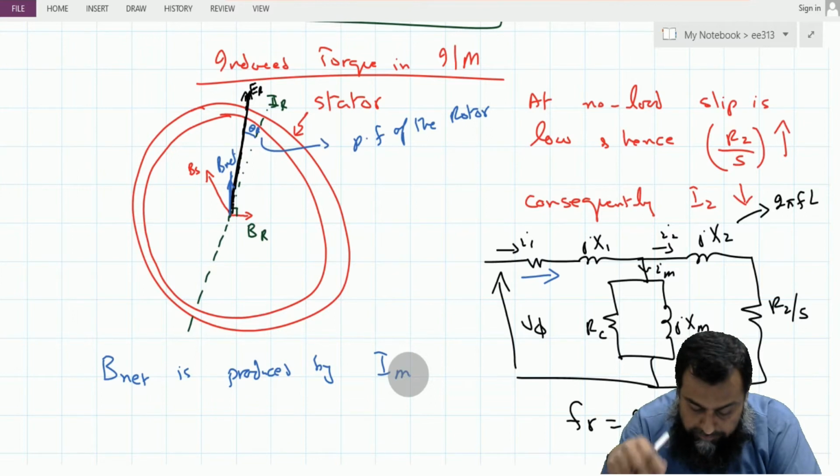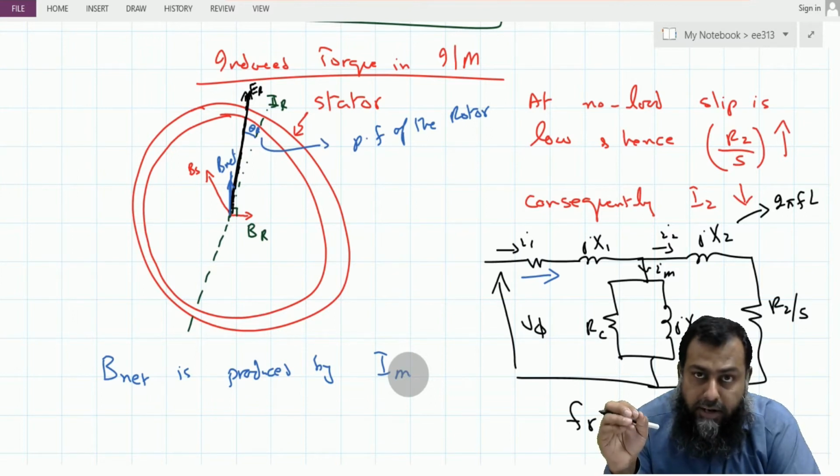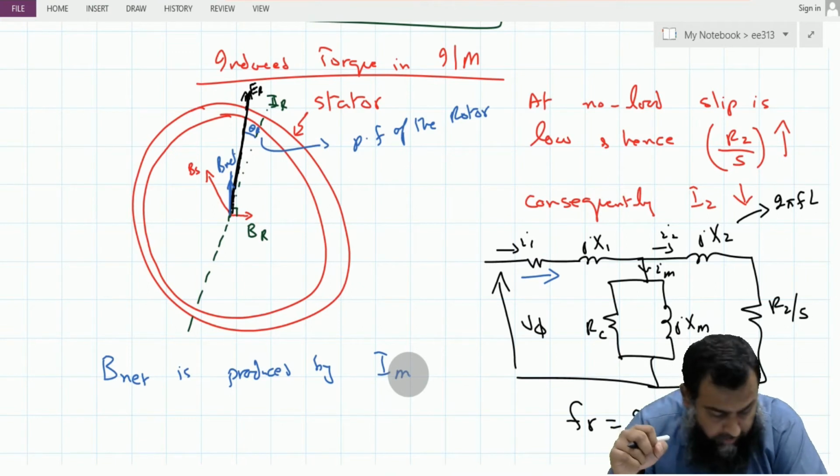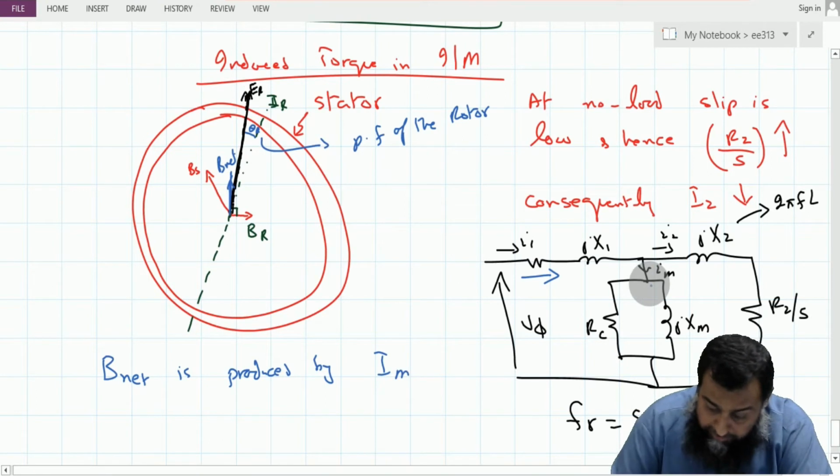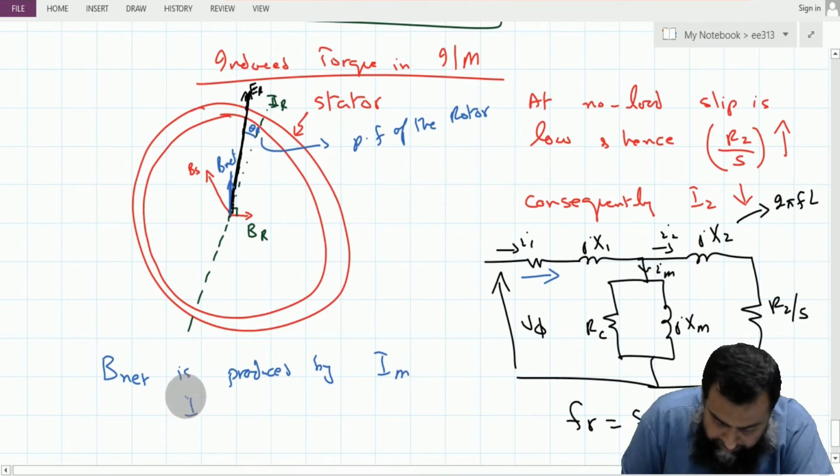So B net is actually produced by the magnetizing branch current IM, right? And this IM is proportional to this E1.